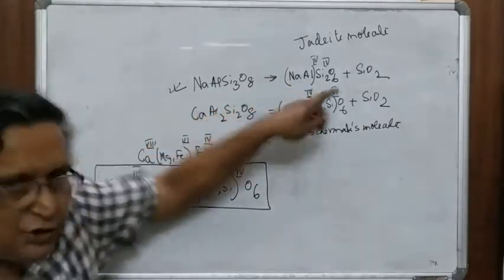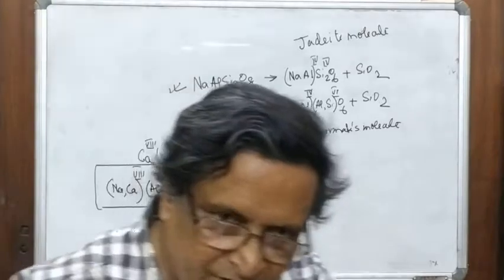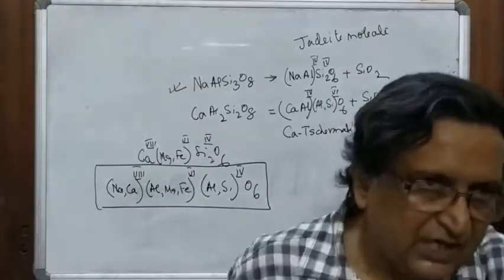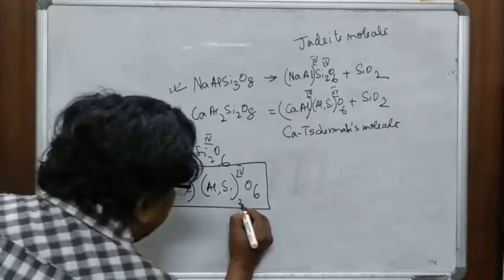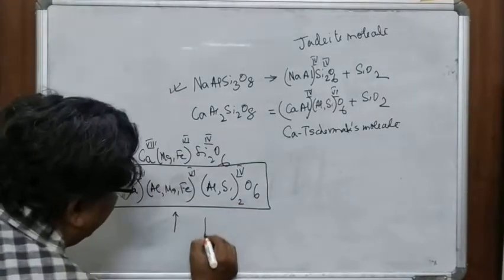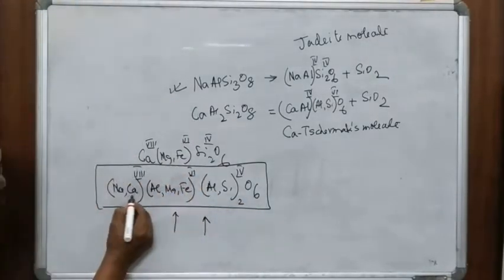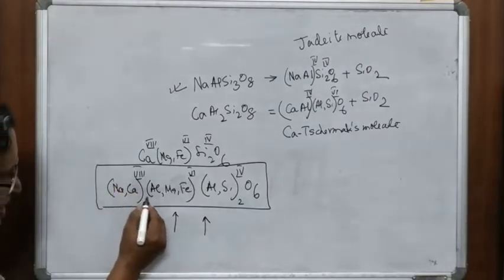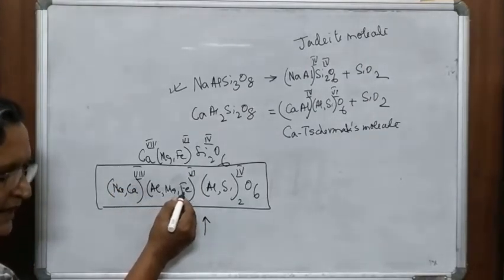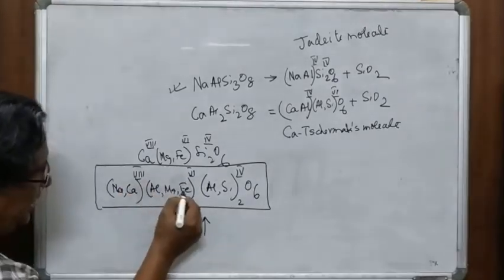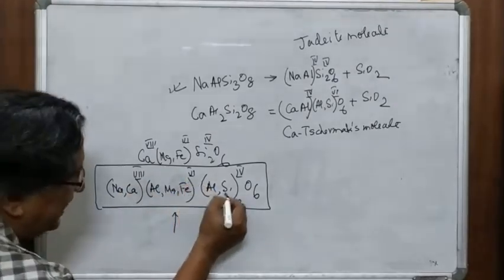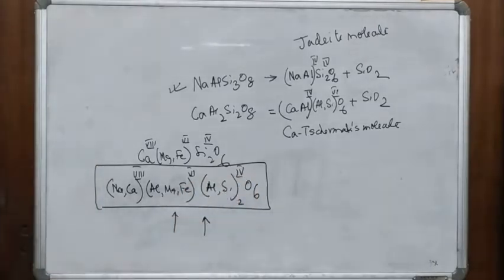But when your plagioclase breaks down into jadeite component and calcium Tschermak component, then you have this type of formula where you have NaCa in the cubic side, aluminium, magnesium, iron in the octahedral side, and aluminium and silicon in the tetrahedral side.